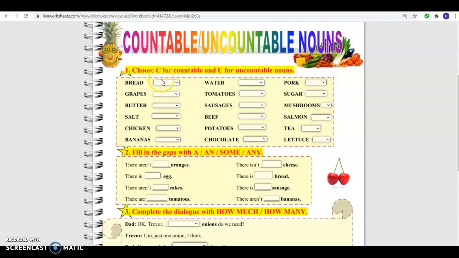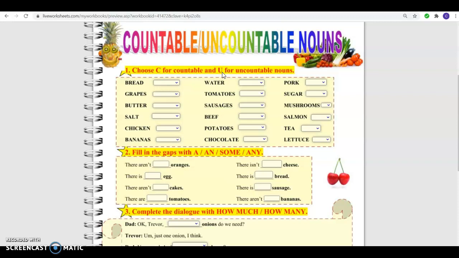¿Ok? Let's see. Son uncountable, así de modo general, en referencia a alimentos, todo lo que se refiere a pequeños granitos, pequeñas partículas, como por ejemplo el arroz son pequeños granos, pequeñas partículas, la sal, el azúcar, la harina.